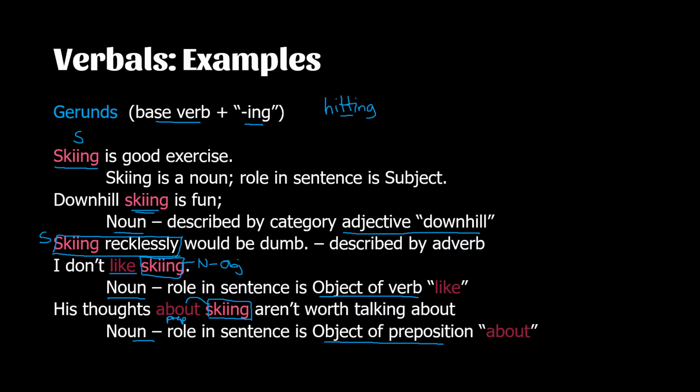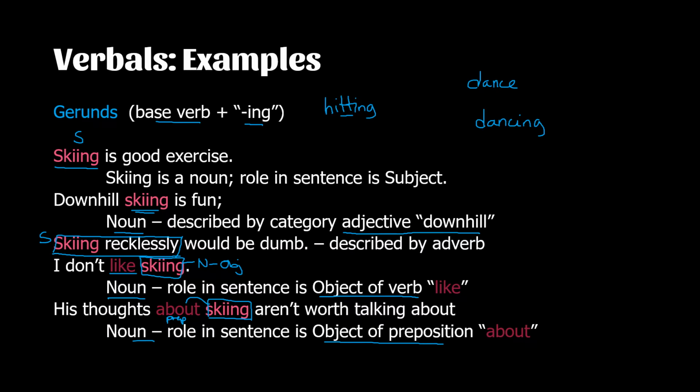So you could just randomly choose any verb, like dance. To change it to a gerund, we would say dancing. Now let's use it as a subject. Dancing is difficult. Let's describe it with an adjective. Salsa dancing is fun.